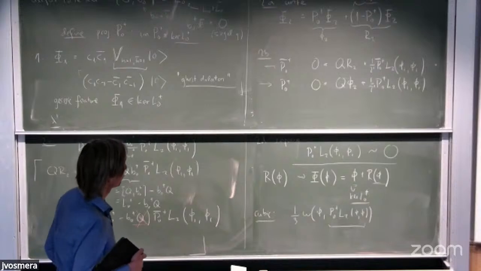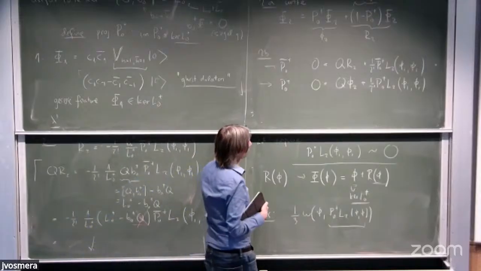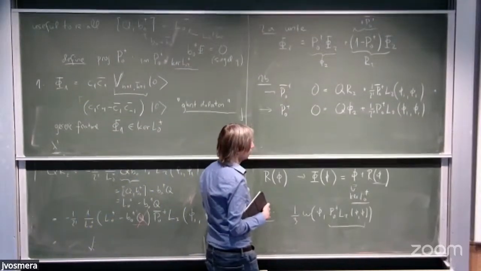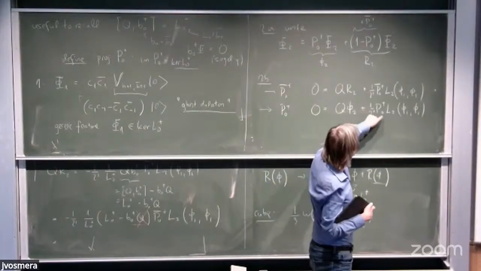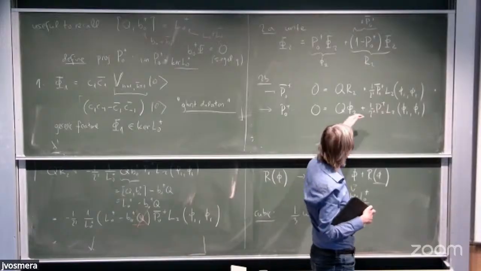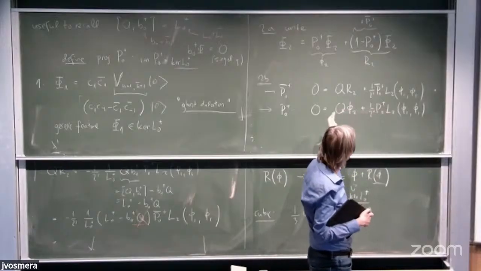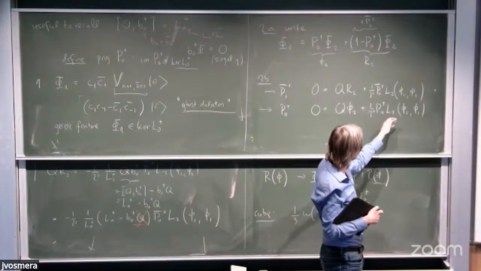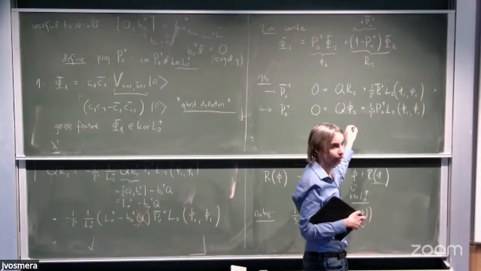Okay, so how do you in practice decide that this one is non-zero? You decide by testing this term, by computing the 2-point function, the BPZ overlap against some states.